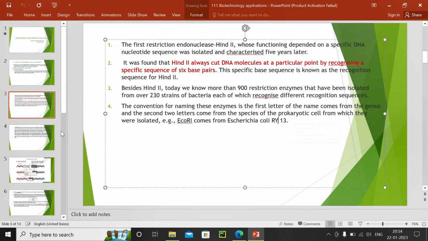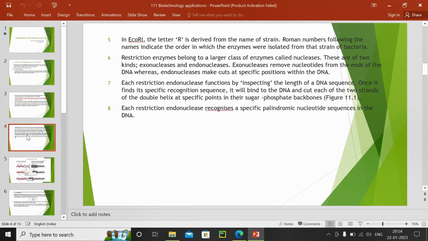Okay. After that, in E. coli, the letter R is derived from the name of the strain. So R is nothing but the strain name. Roman numbers following the name indicate the order in which the enzymes were isolated from the strain of bacteria.